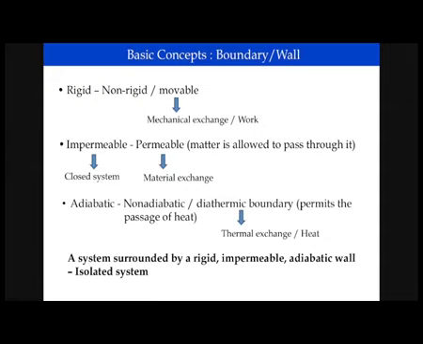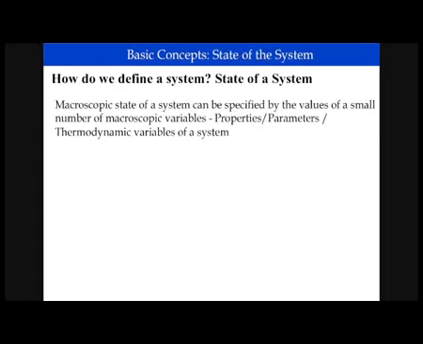If it is permeable, then exchange of materials can take place between system and surroundings. If it is impermeable, then it is a closed system, and if it is a non-adiabatic or diathermal boundary, then energy exchange is possible between system and surroundings as heat. And we also described that a system surrounded by a rigid, impermeable and adiabatic wall is an isolated system.